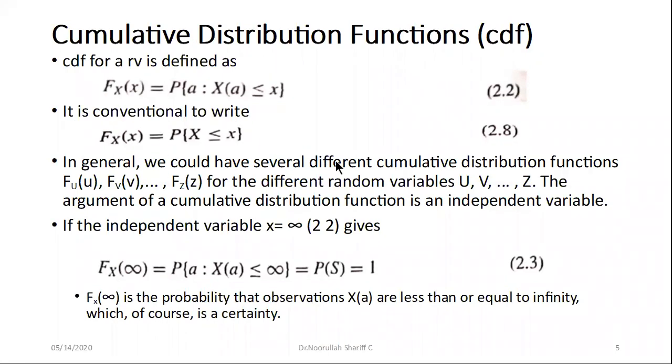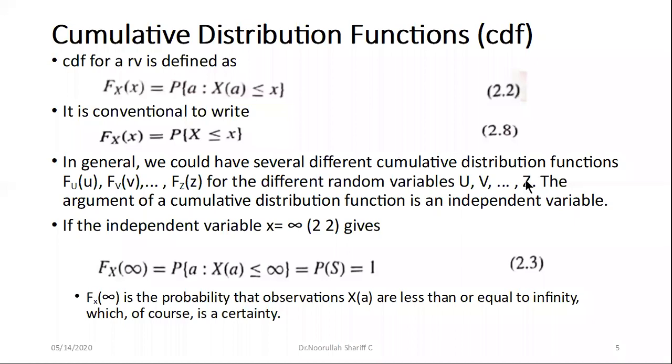In general, we could have several different cumulative distribution functions like this. Remember that this and this are capital letters, but inside, what we have, the argument u, v, z within the brackets, are the independent variables.